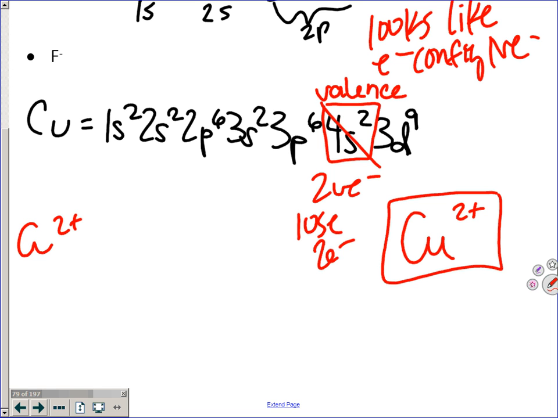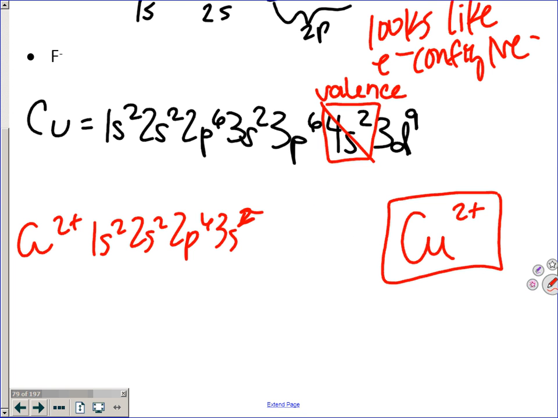Copper 2 plus is 1s2, 2s2, 2p6, 3s2, 3p6. So I basically rewrote it without the 4s, which means it's lost its 2 valence electrons, and it's copper 2 plus. It's still copper, right? It doesn't even look like a noble gas.